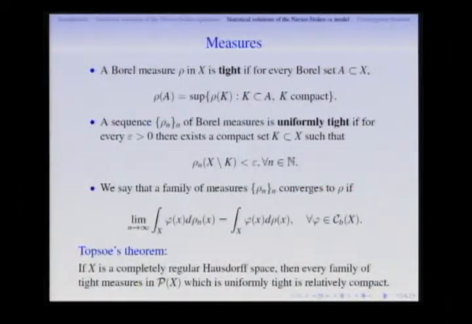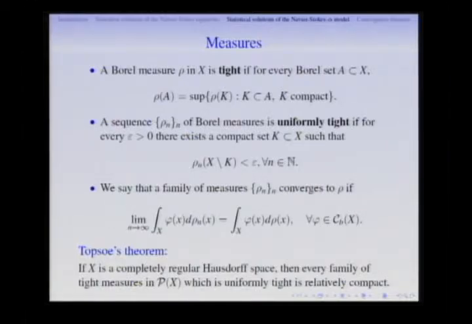So the first one is a Borel measure. We say that a Borel measure is tight if it's inner regular with respect to compact sets. And we say that a sequence of Borel measures is uniformly tight if for every epsilon positive there exists a compact set such that the sequence satisfies this estimate uniformly in n.